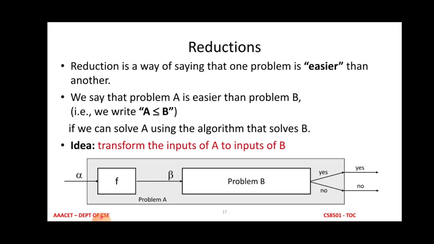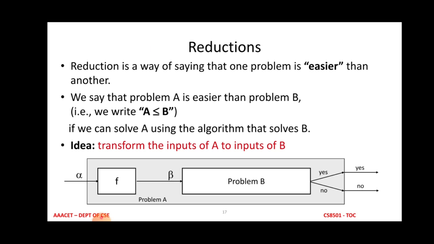Consider there are two problems, capital A and capital B. If the first problem A is easier than the second problem B, then we can write it as A less than or equal to B, because A can be solved more easily than B.